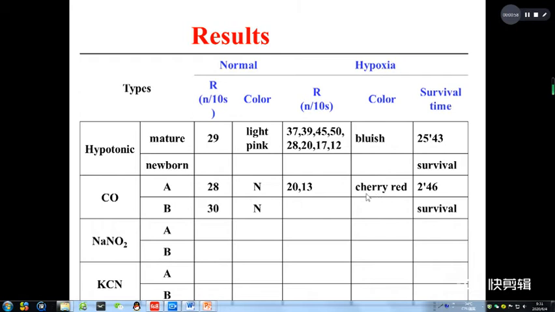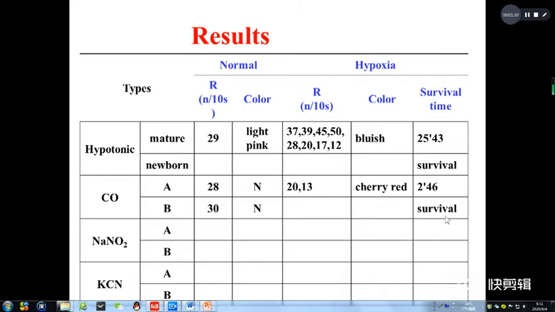Now color, cherry red. Survival time about 2 minutes, about 3 minutes. Now animal B, normal respiration 30. Now color, light pink. The animal didn't die, it survived.